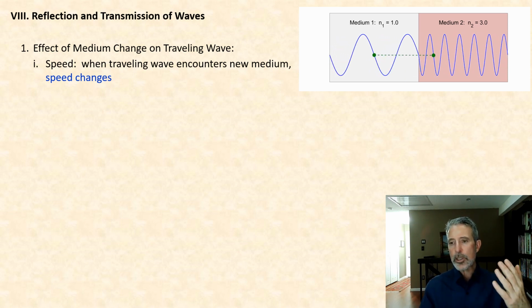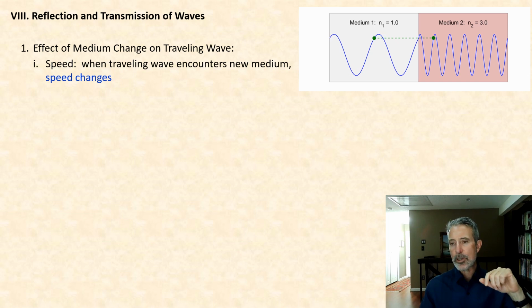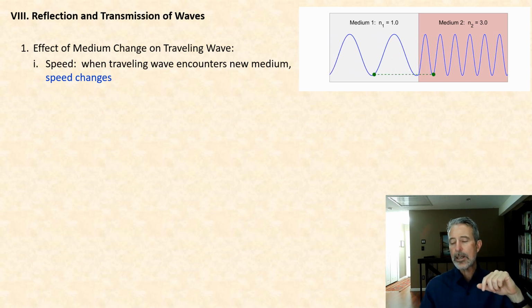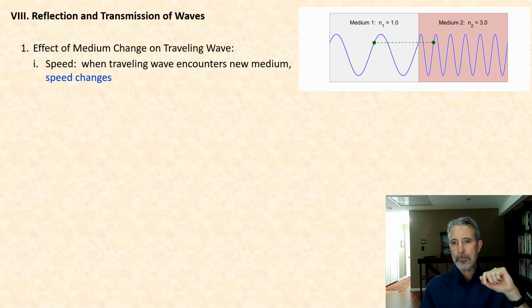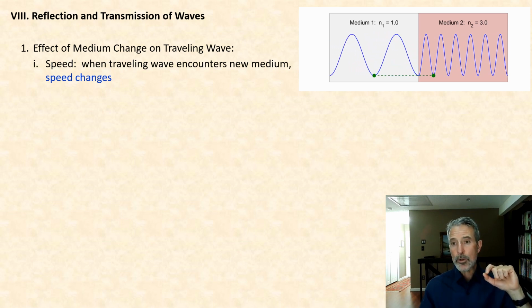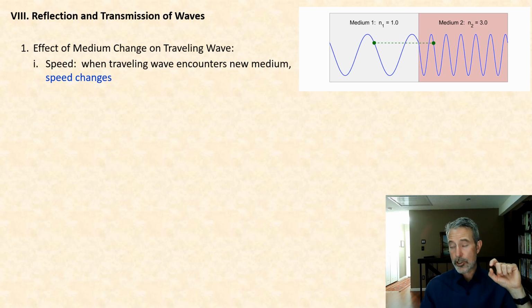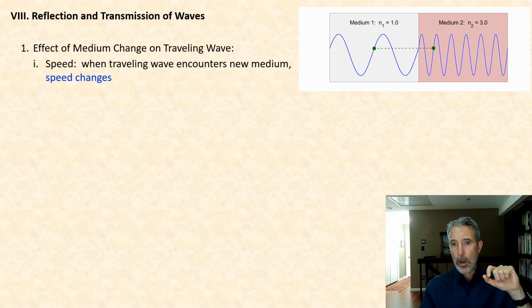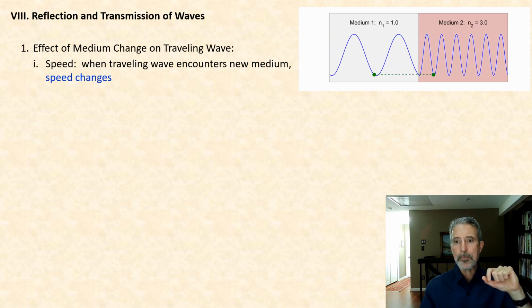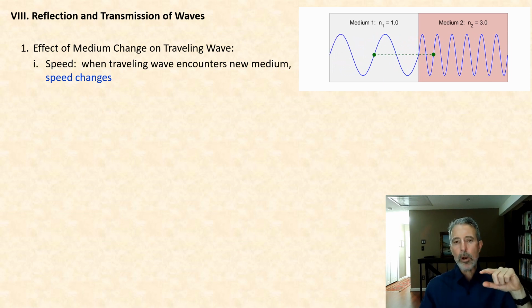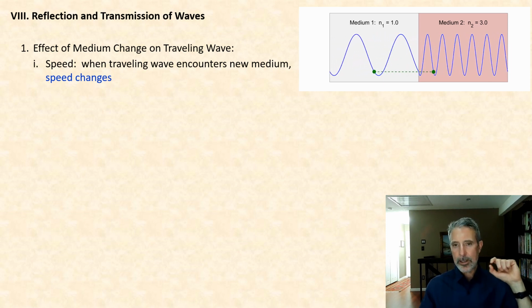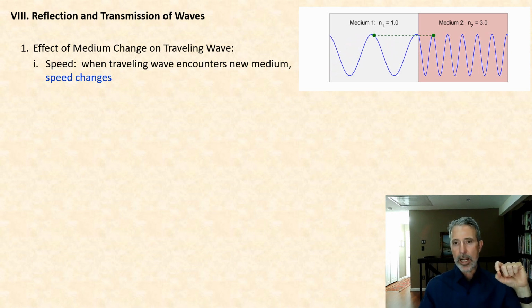So you can clearly see just by visually looking at the simulation that the wave speed decreases as the wave enters the new medium. You should also notice here that in addition to the change in wave speed, the wavelength changes as well. So as a wave goes from one medium into another, the speed and wavelength change.